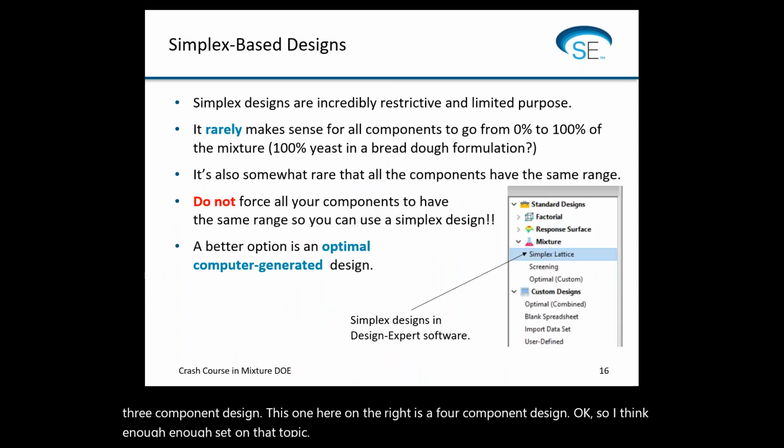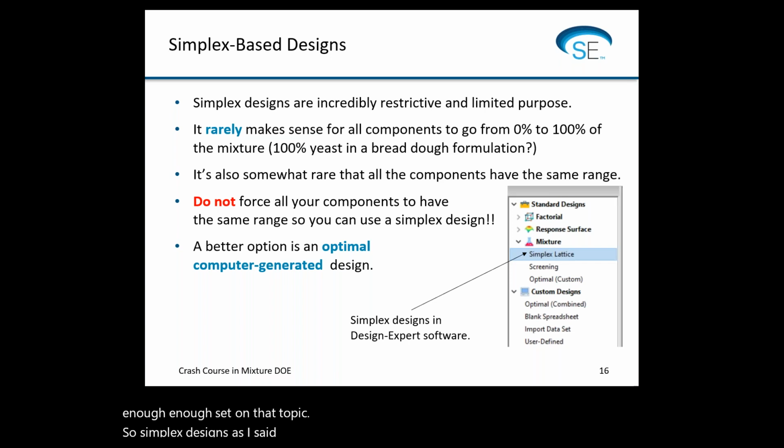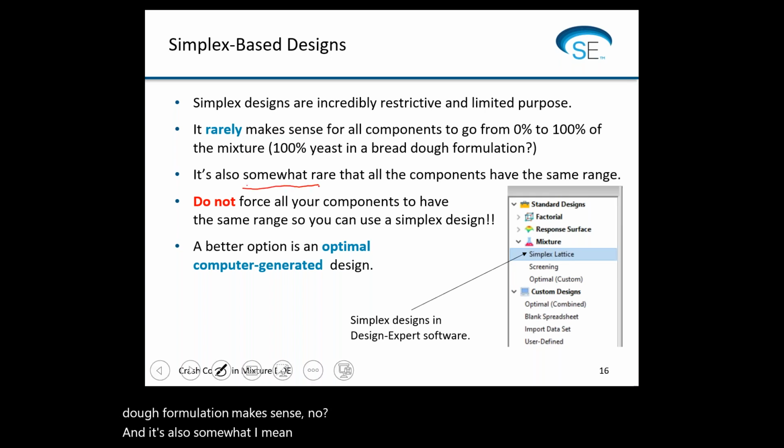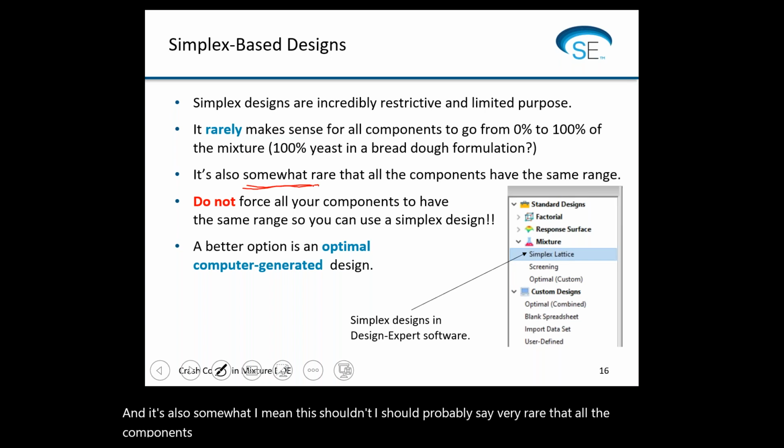So simplex designs, as I said, are incredibly restrictive and limited purpose. Rarely does it make sense for all components to go from 0 to 100% of the mixture. I mean, does 100% yeast in a bread dough formulation make sense? No. And it's also, I mean, this should probably say very rare that all the components have exactly the same range.